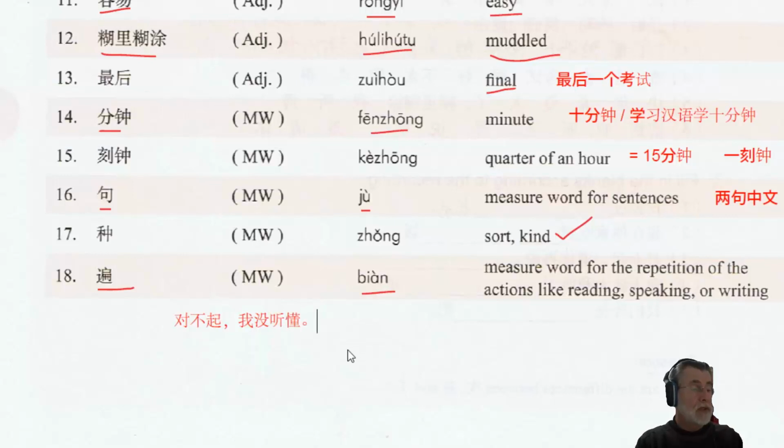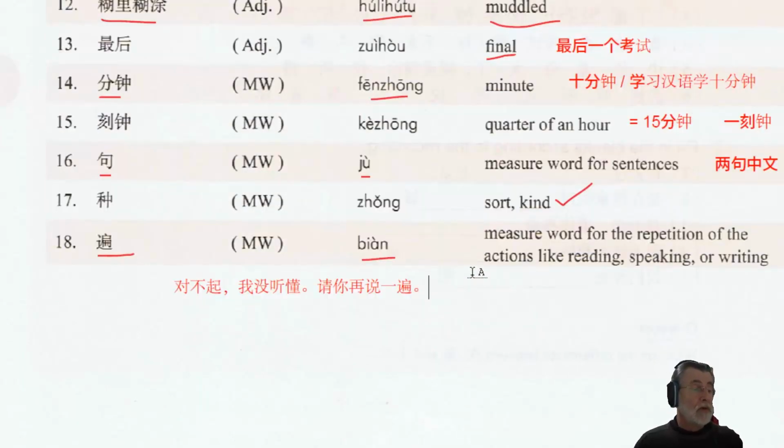I'm sorry, I didn't understand. 请你再说一遍. Could you please say it one more time?